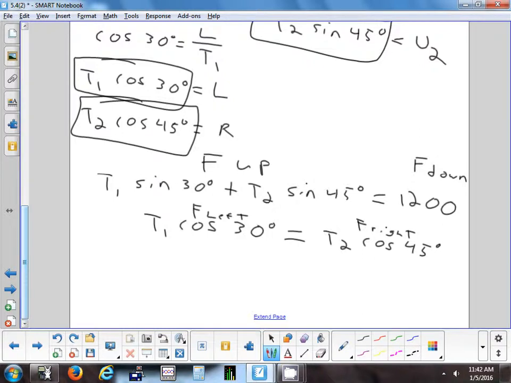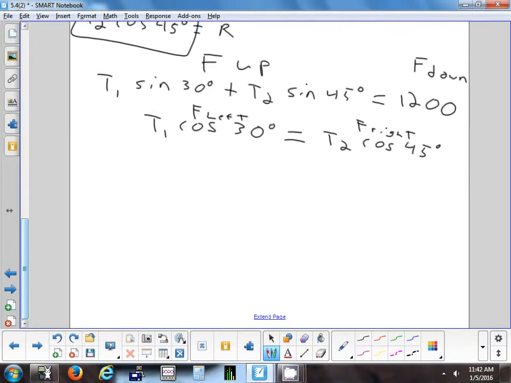Okay, so how do we solve that? 2 equations, 2 unknowns. Now this is the algebra part. Okay, what if I had something like this? 2x plus y equals 12, and x plus y equals 3.